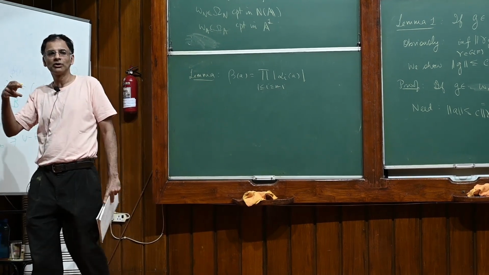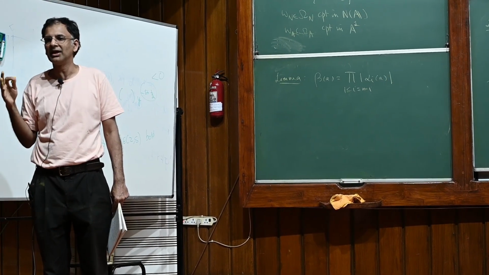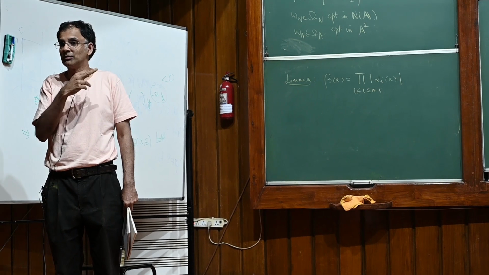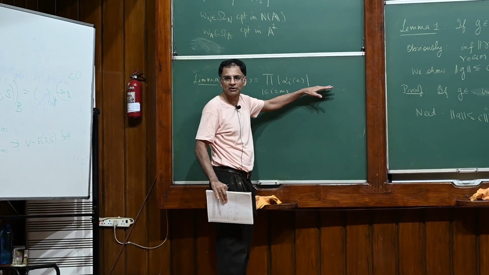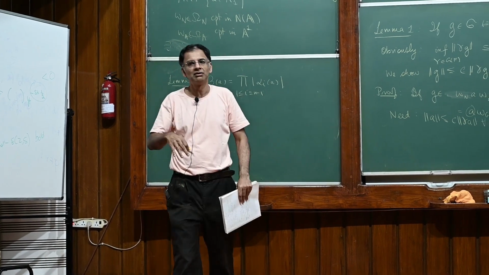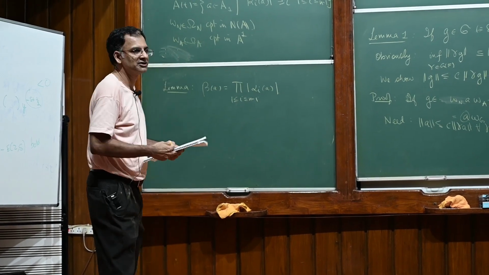By the way, I should say that although this is technically a proof only for GLN, the way it's formulated, it will work in general. For example, here I have the product of the simple roots in absolute value coming in. One can just take the analogous thing.